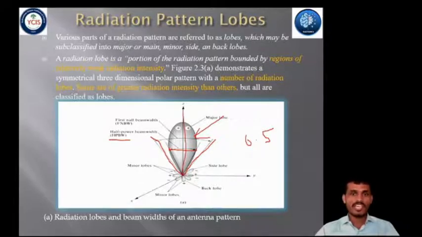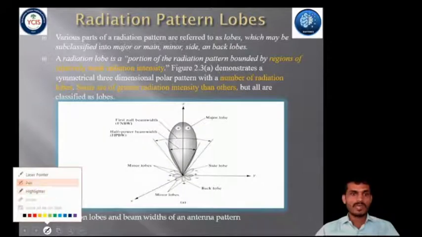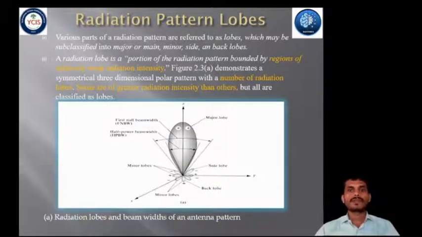This is your x-axis, this is your y-axis, this is your z-axis. These are the 3 different Cartesian coordinates. Along those coordinates, we can study the 3-dimensional lobe. Okay, these are the lobes. Now these are all the minor lobes. This is a minor lobe, this is a minor lobe, and this is also known as the side lobe. Now these 2 are also minor lobes.